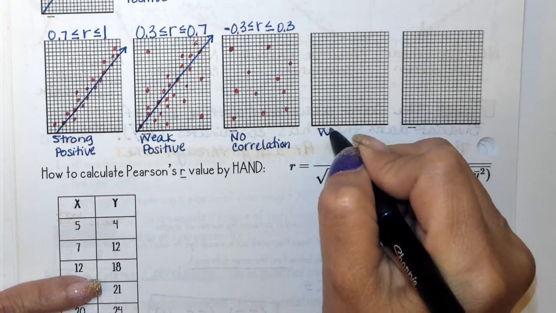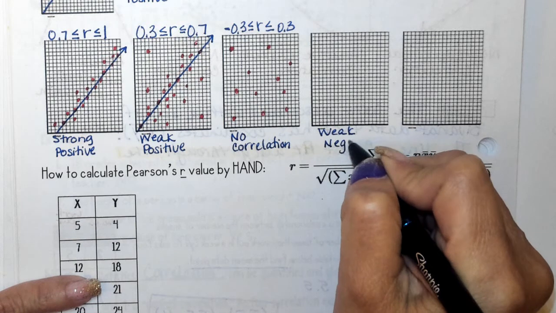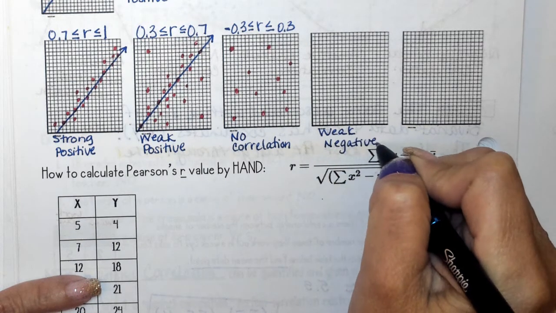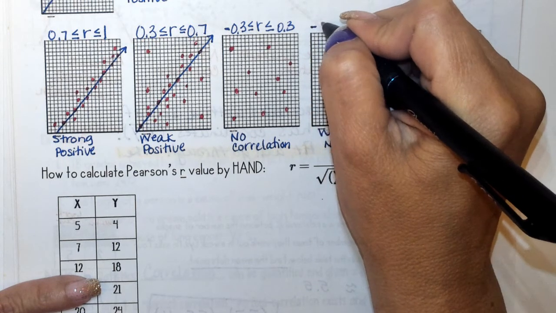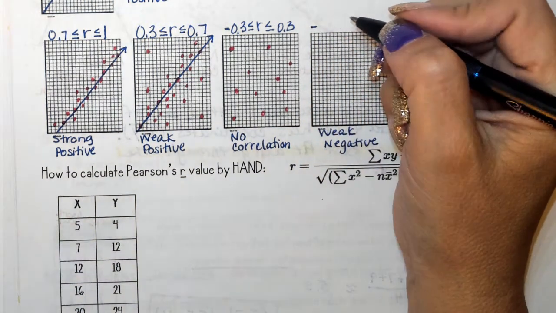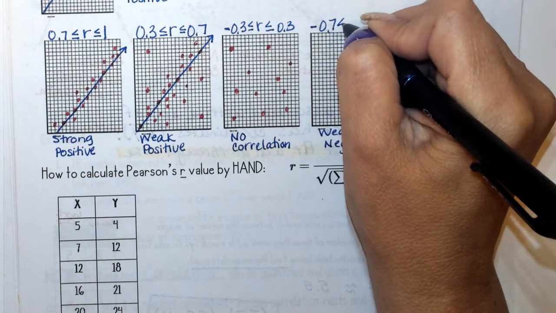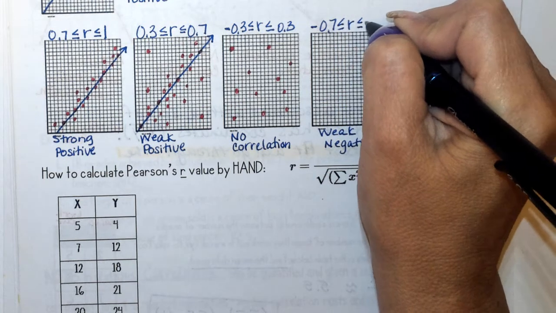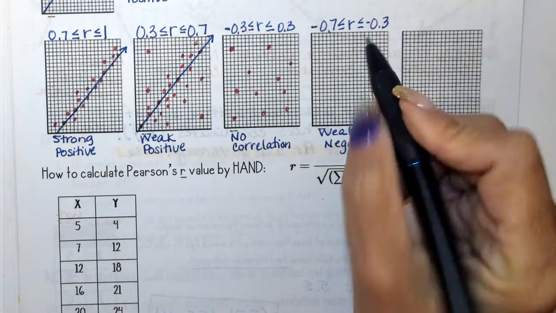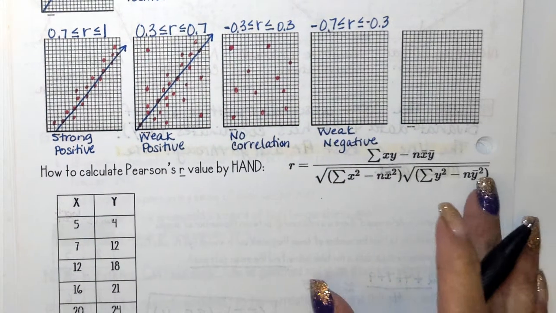Then we move back out to a weak negative. So this one is negative 0.7 less than or equal to R less than or equal to negative 0.3. You know what? I was looking at this, and I just now noticed I did put equal to on these, and it's saying you don't have to.